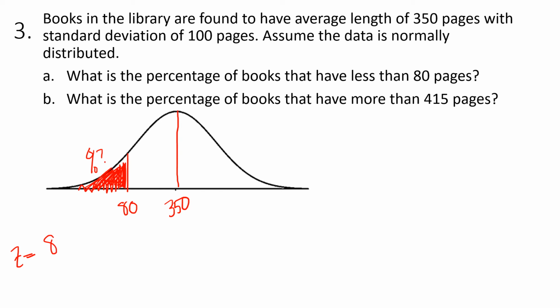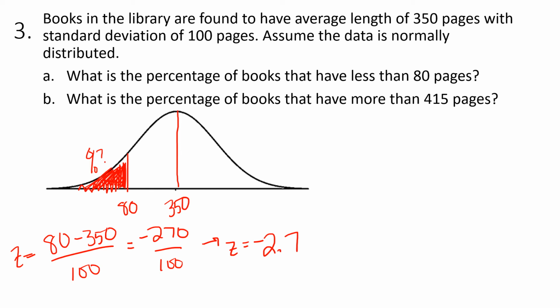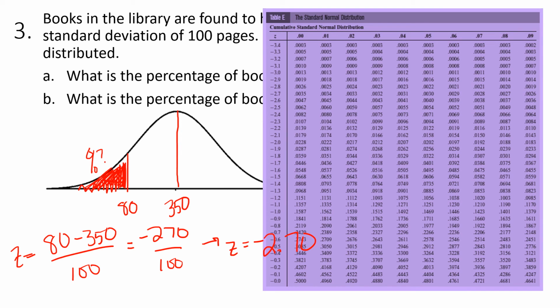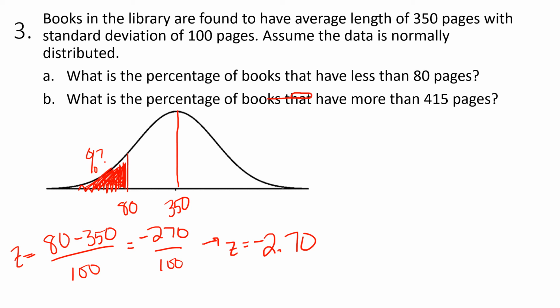So that's going to be the value of 80 minus the mean of 350 all over the standard deviation of 100. So if I take 80 minus 350, I should get a negative 270 divided by 100. That means that my z-score is a negative 2.70. Okay, so negative 2.7. So you go to your purple chart, we're looking for a negative 2.70, is that number right there, which should be 0.0035 if you can see that.